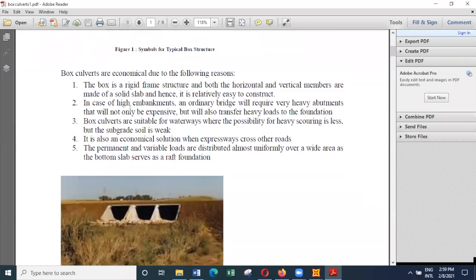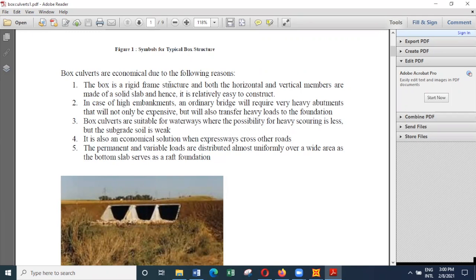So the advantage is the box culvert is a rigid frame structure where both horizontal and vertical members are made with solid slab, and hence it's relatively easy to construct. That's one. And because it's a rigid structure, the slabs can be optimized because all the slabs will behave as continuous slabs. So in the case of high embankments, if you just try to have a bridge, then you will find that the piers are very tall.